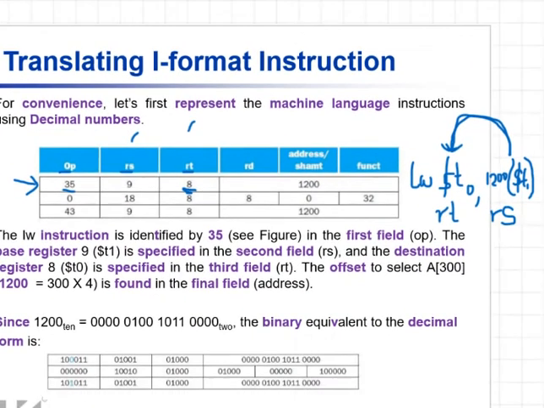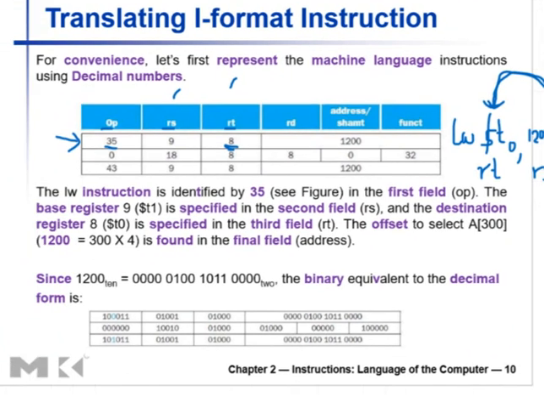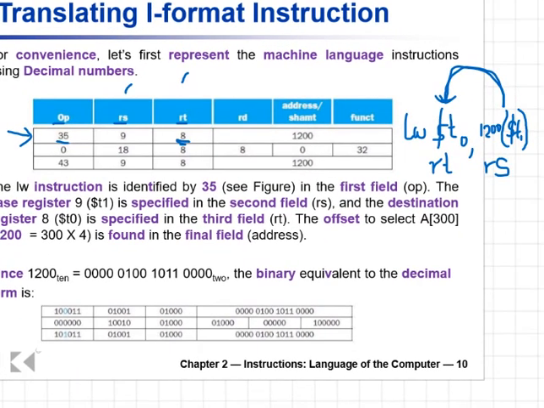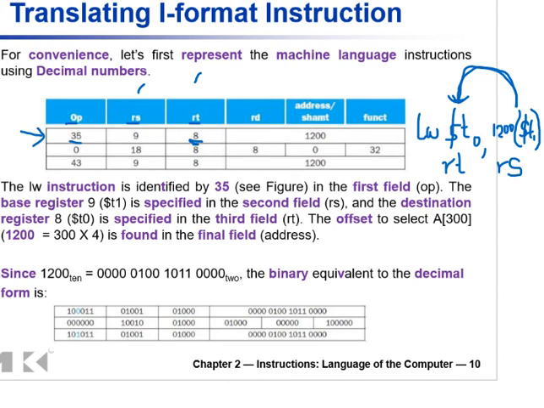So register T0, which is the destination, is going to be RT. Register T0 number is 8. And I told you RS is this register T1. If register T0 is 8, then T1 will be 9 because it goes in a sequence. And this 1200 is the address. Can you see here?